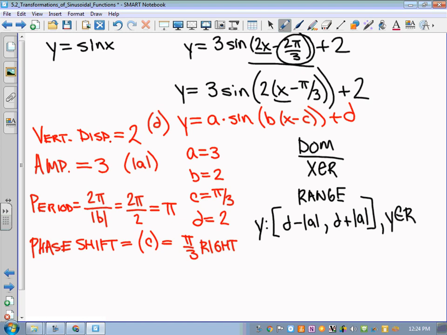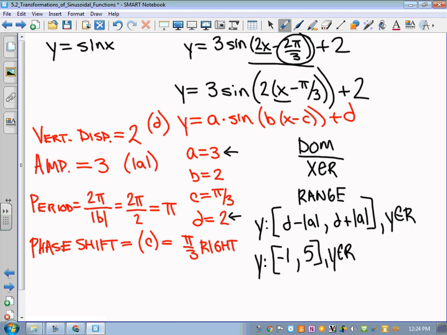So in this particular function, y exists in between, d is 2, A is 3, so 2 minus 3 is going to be -1, and 2 plus 3 is going to be +5. And again, that would still be y is an element of the real.